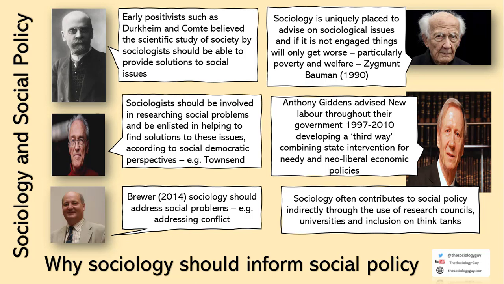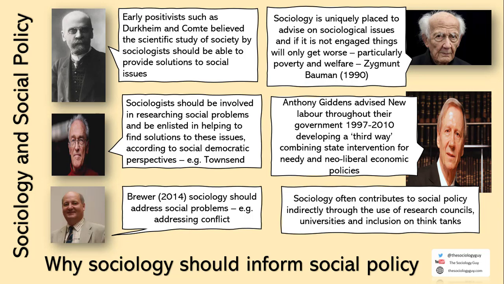Townsend, who we just mentioned in the previous question, took a social democratic approach. They suggested that sociologists should be involved in researching social problems. Professor Brewer, who was the chairman of the British Sociological Association about 10 years ago, suggested that sociology needs to be used in addressing conflicts, and I think his work was centred a lot around conflict generally.